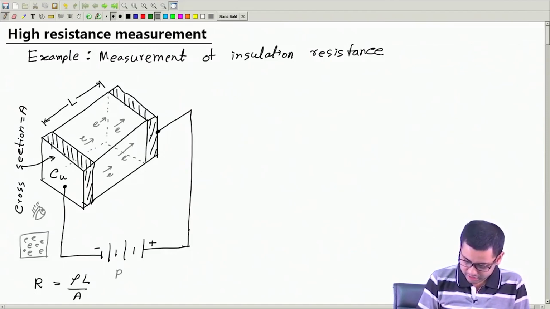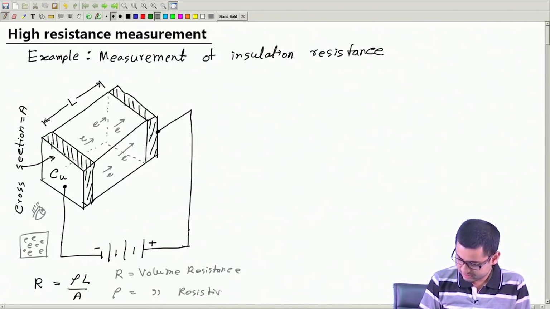So, R is the volume resistance and rho is the volume resistivity. Okay. So, the dimension of rho will be ohm into meter square divided by meter. So, its dimension will be ohm meter.